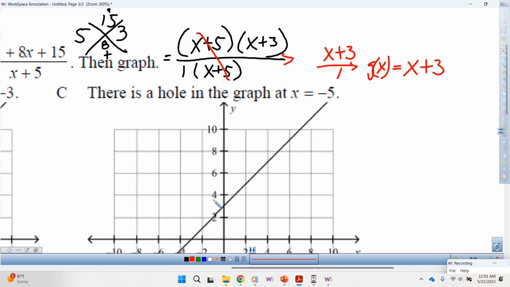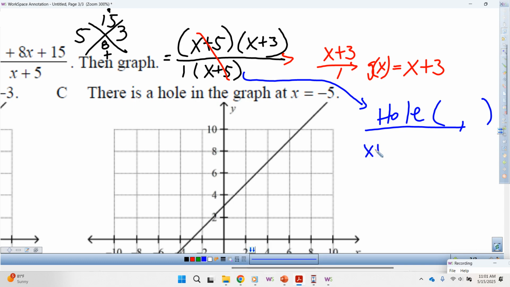However, didn't we take something out, people? Yes, we took this out, Mr. Q. That is our hole. So we need a coordinate for the hole. So I take x plus 5 and set it equal to 0. Let's solve. Minus 5 minus 5. X equals negative 5.